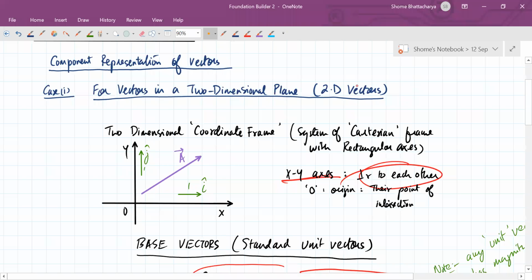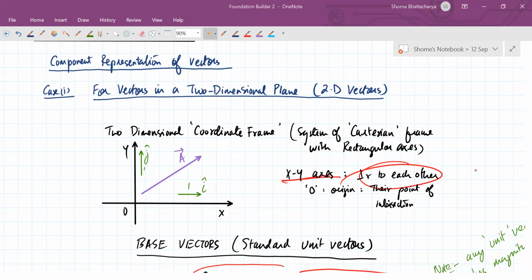So now is it a question that i cap and j cap are perpendicular to each other? Is it even a question? Got it, understood? Okay, good. See, we are using the rectangular coordinate system in the whole thing, in the whole component algebra method.